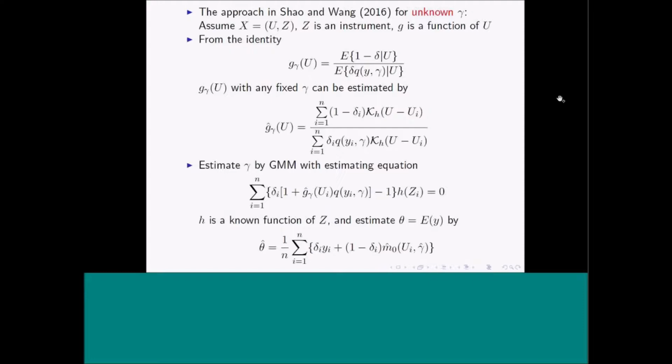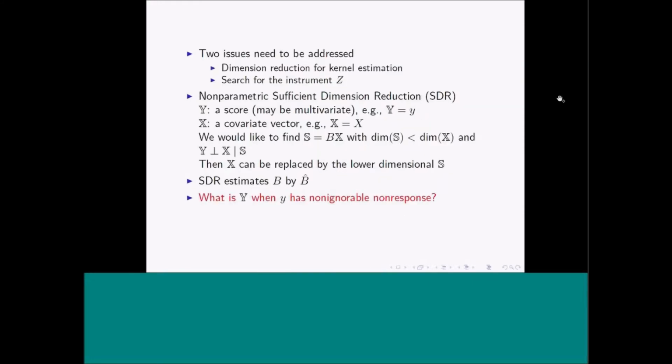Once you have an observation and estimate the gamma by gamma hat, then we can treat it as if it is known and put it in to replace the gamma 0, and then we are done. So far this is just a review of what has been done up to 2016.